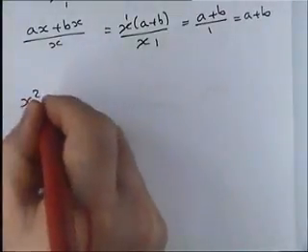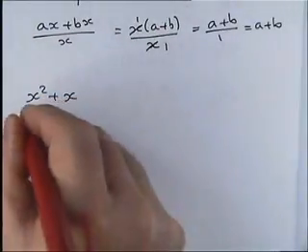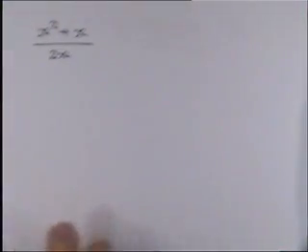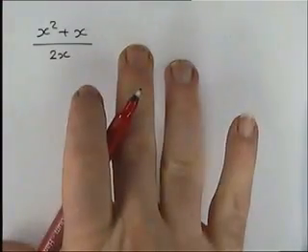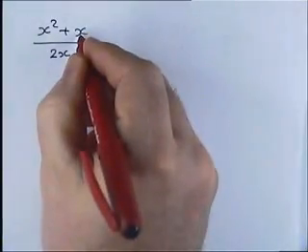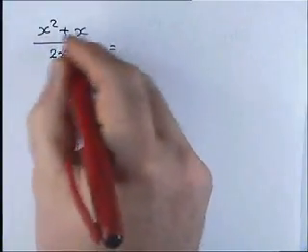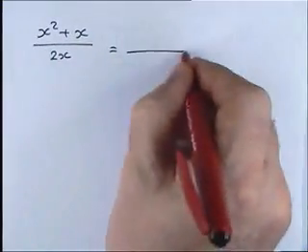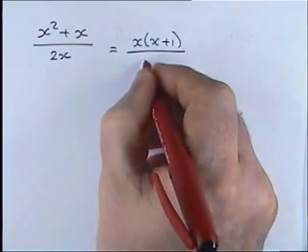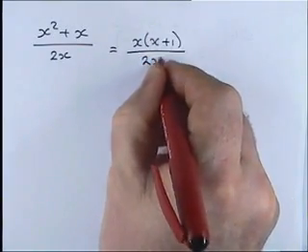Here's another one for you. See if you can simplify that one. And again, you would see, well, that's x lots of x, and that's 1 lot of x, so there's a common factor in the numerator of x, so we can factorize that, and we get x lots of x plus 1, and in the denominator we get 2 lots of x.